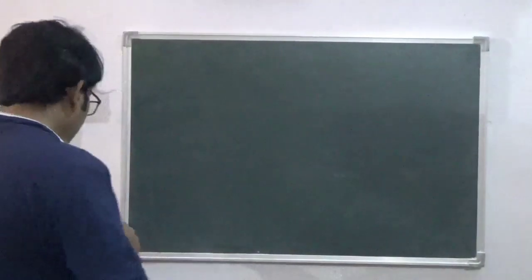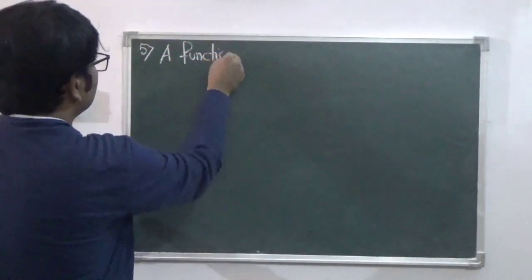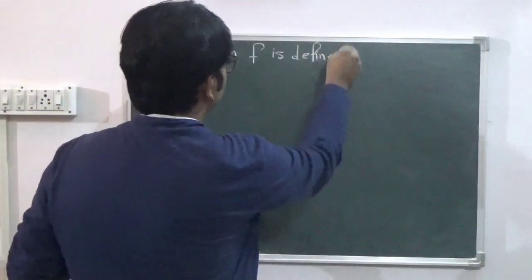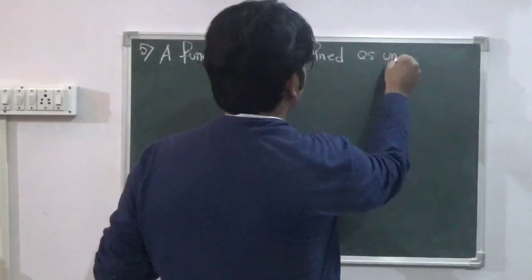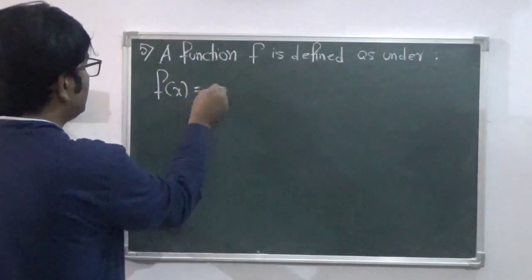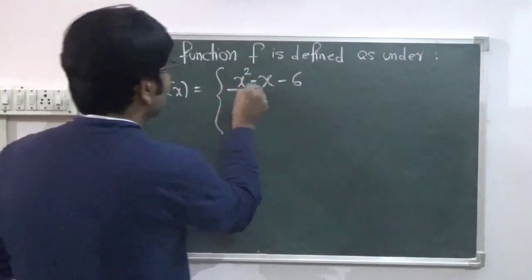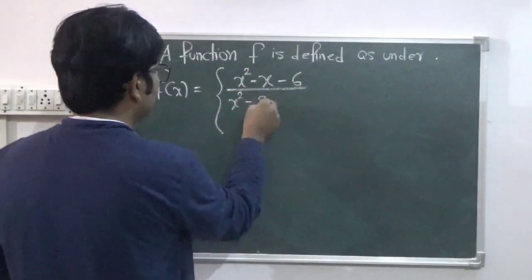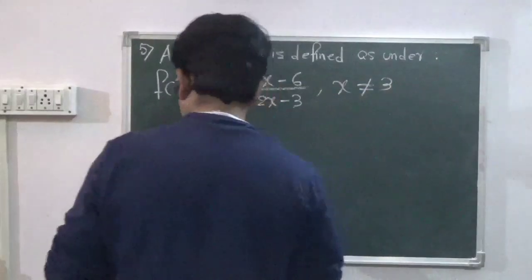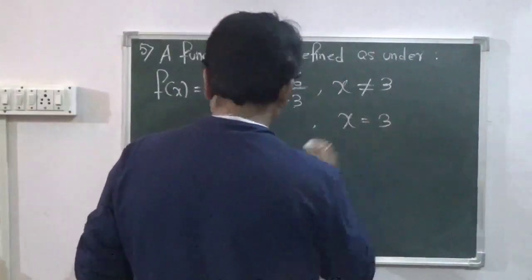Now question number 5 is: a function f is defined as under, f(x) is equal to (x square minus x minus 6) divided by (x square minus 2x minus 3) when x is not equal to 3, and it is 5 by 3 when x equals 3.